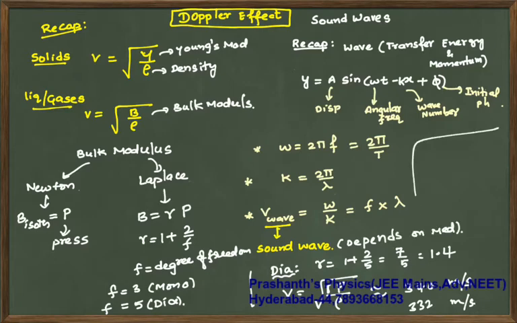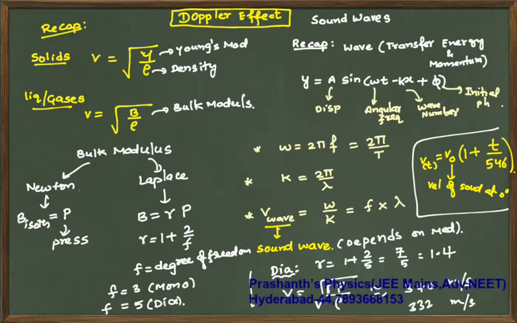If you want the variation of sound velocity with temperature, it is given as v at 0 times 1 plus t by 546. This is the velocity of sound at 0 degree centigrade, and this temperature T is in degrees centigrade.